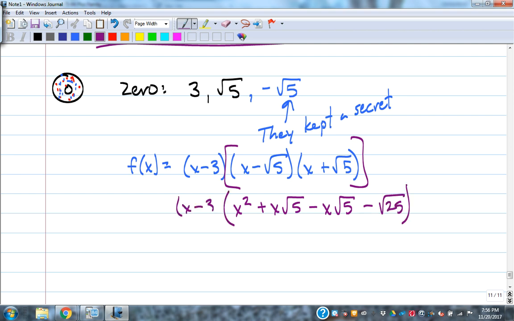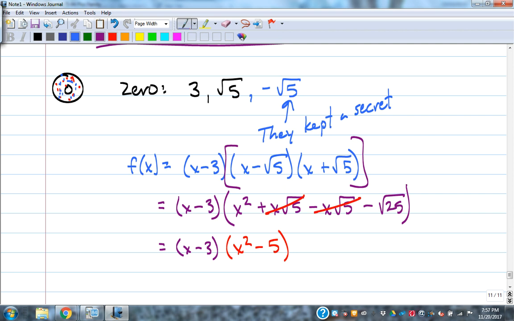We still got the x minus 3 in the front. We haven't done anything with it yet. But when we simplify this part, the square roots of 5 cancel out. What's the square root of 25? 5. So this is really x squared minus 5. It works out pretty nice. It shortens it up pretty quickly.